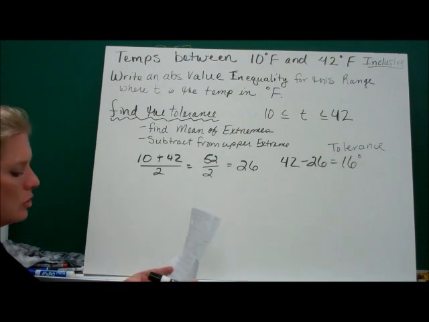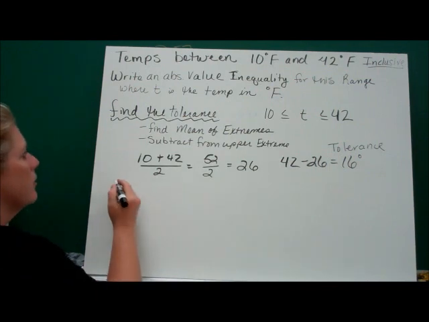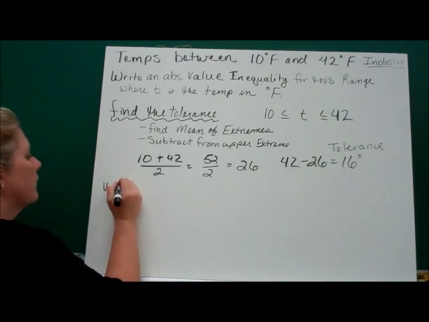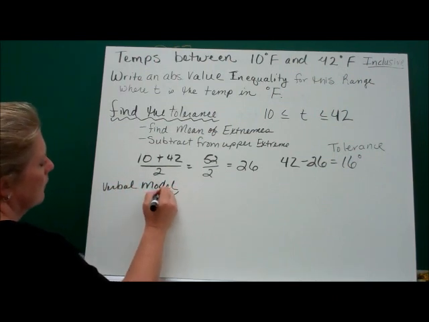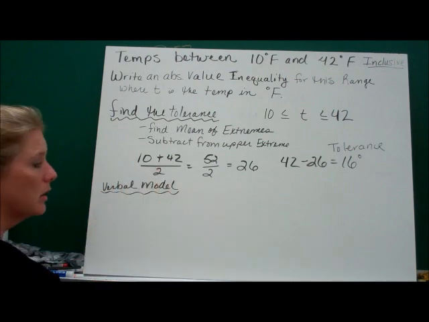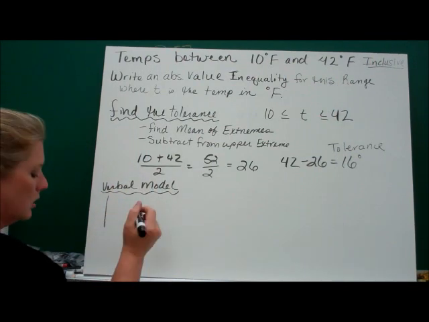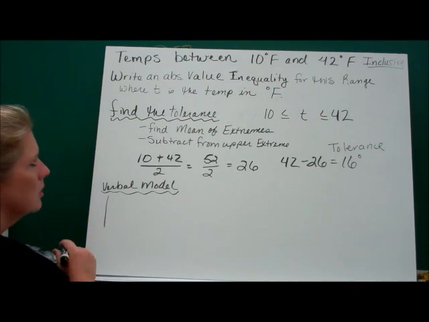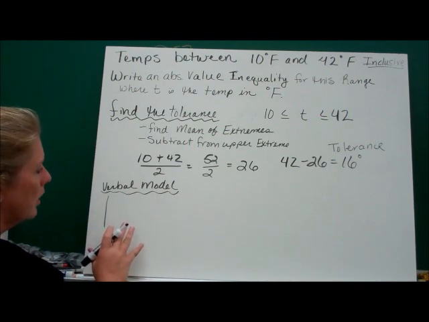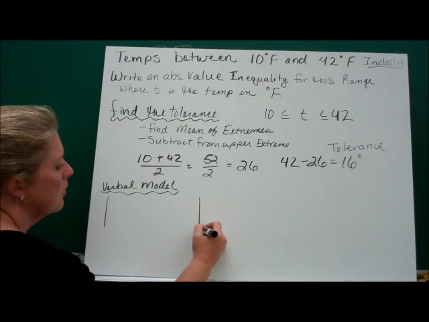Okay. So now if we were to write a verbal model, many of you want to jump right to the equations, so sometimes it's easier to write a verbal model. Now, to write an absolute value inequality, it's going to be just like what we did before.